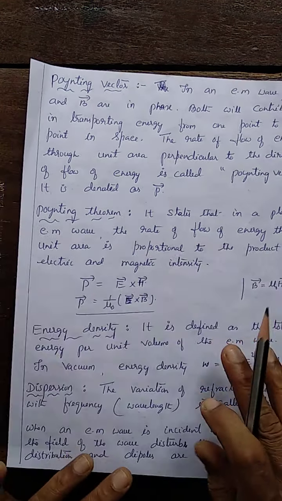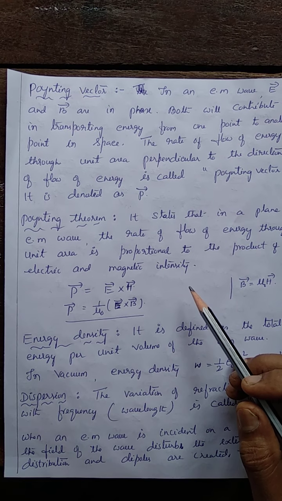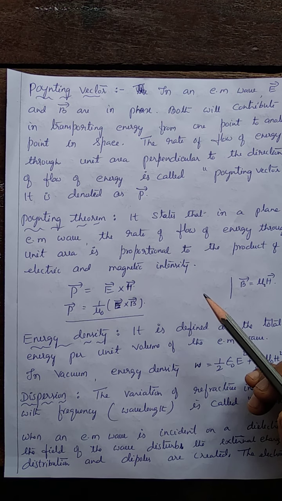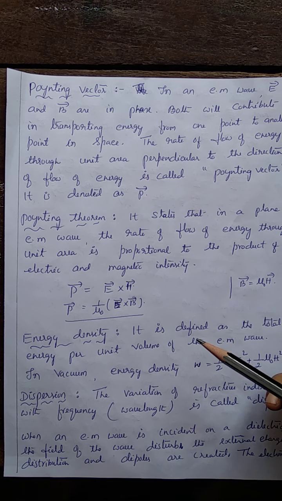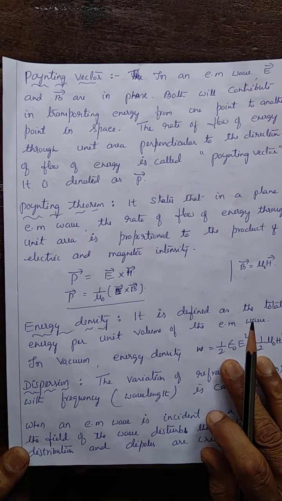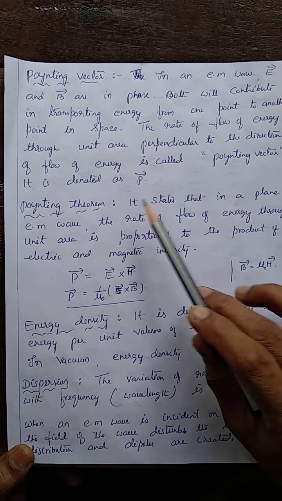It is denoted as P vector. Poynting vector is the rate of flow of energy, energy carried per second per unit area, in a direction perpendicular to the direction of propagation of energy, denoted as P.